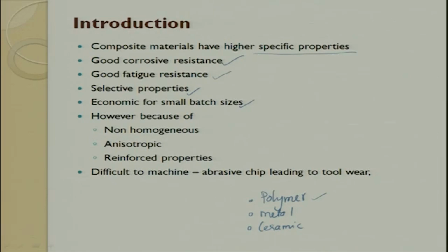However, it is non-homogeneous, that means there is a polymer and there is a reinforcement. Apart from that, you have other additives like fillers, which are also non-homogeneous in nature. Why am I re-emphasizing this? Because as and when a tool comes in contact with the workpiece, the matrix is always soft, and the moment it hits a reinforcement, which may be glass fiber, carbon fiber or Kevlar fiber, they are tougher and stiffer than the polymer matrix.